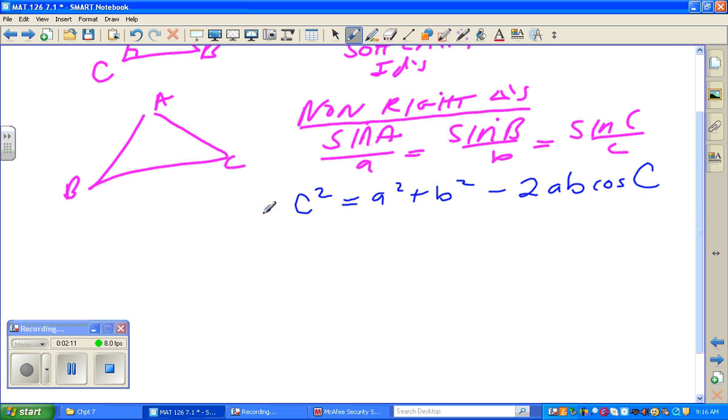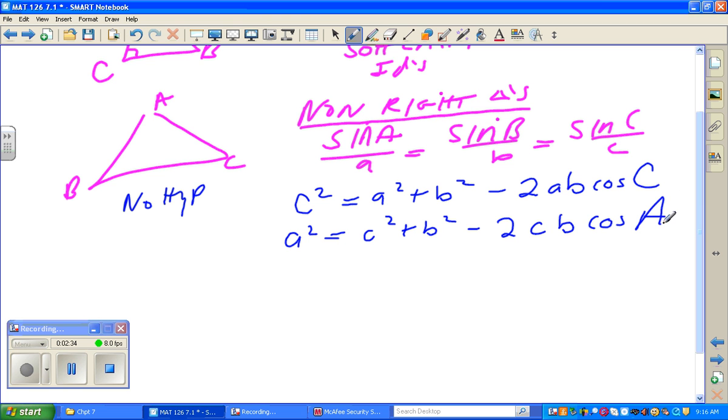That's been my experience. So, since there is no hypotenuse in a non-right triangle, the other possibility is you have a squared equals c squared plus b squared. What do you think comes after that? Yeah, minus 2cb cosine of A. That's another possibility.